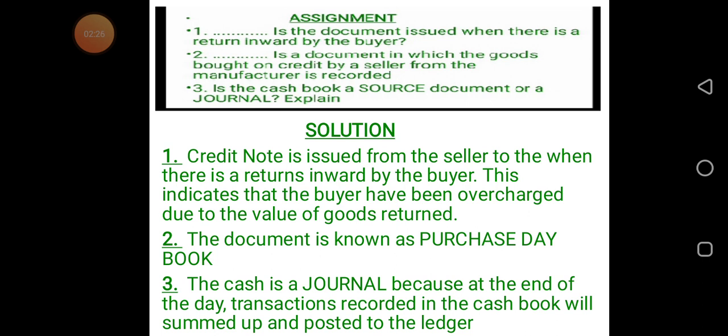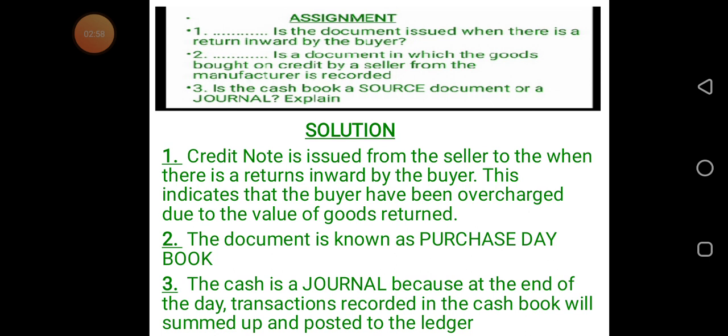But here, when the buyer buys goods from the supplier on credit, he records the goods bought in the purchase day book. So the purchase day book is used to record goods bought or purchased on credit from our manufacturer or the supplier. So the answer there is the purchase day book.